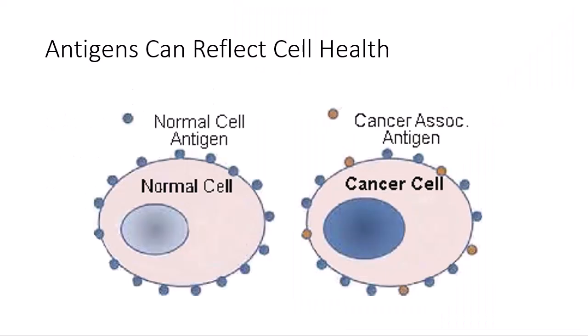Here we have on the left a normal cell, and you can see the little blue dots that would be the normal proteins that identify this cell as part of self, as part of the body, a healthy cell in the body. And interestingly, when cells in our body turn cancerous, those surface proteins change, and this allows the immune system to identify the cell as a cancerous cell and to target it and then get rid of it.